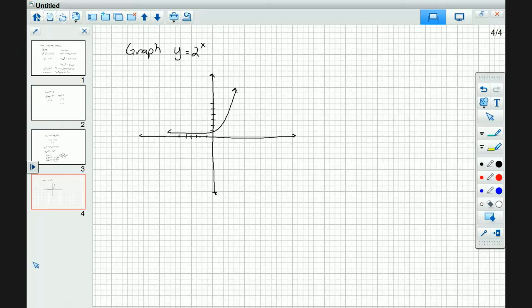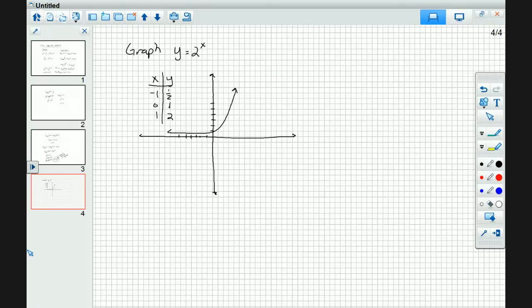Minus 2 of the x. Do a table of values. One half. You already know that, right?